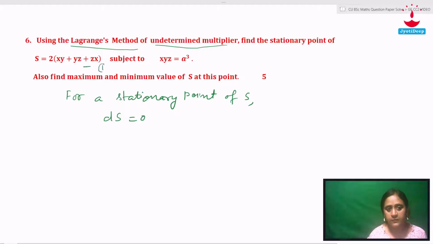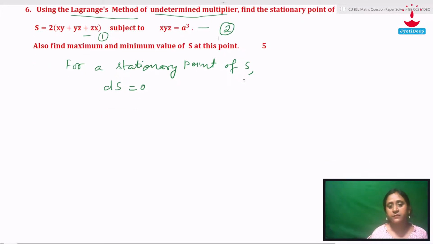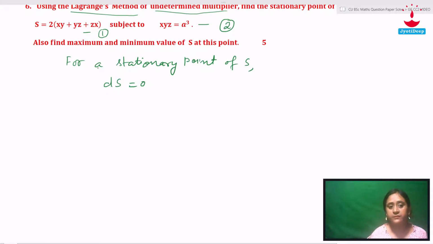I am giving you equation number 1, not question. This is equation number 2. Okay, so we are going to differentiate this. What we will get? We will get 2 into xy differentiation, that is x into dy plus y into dx.